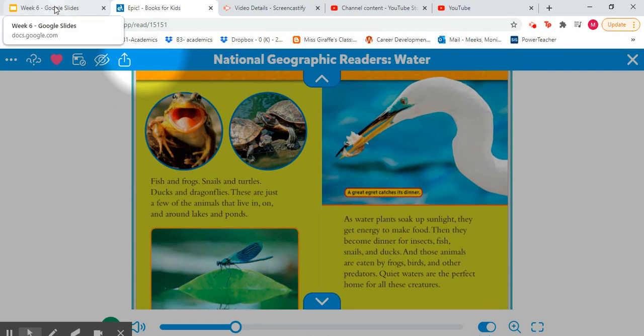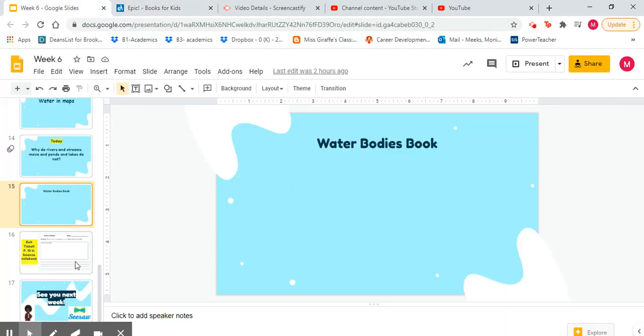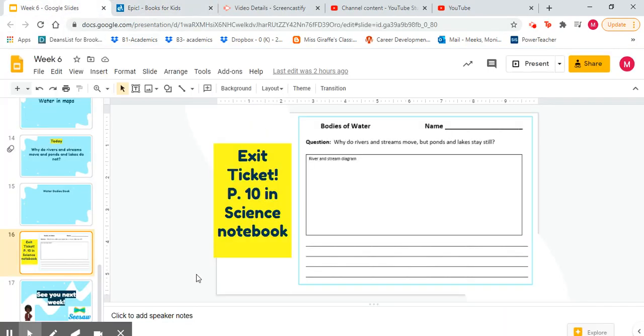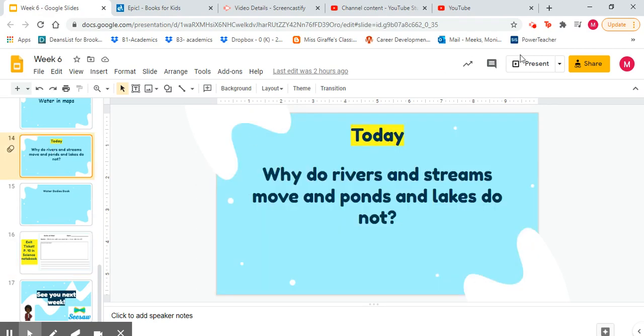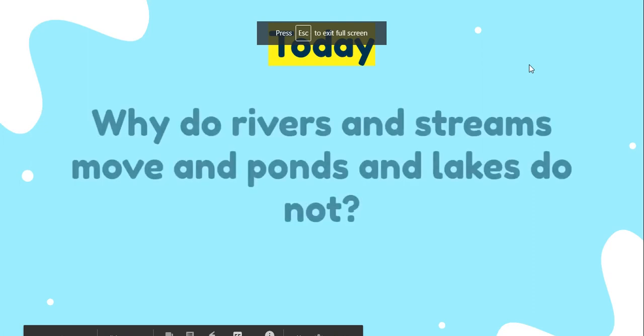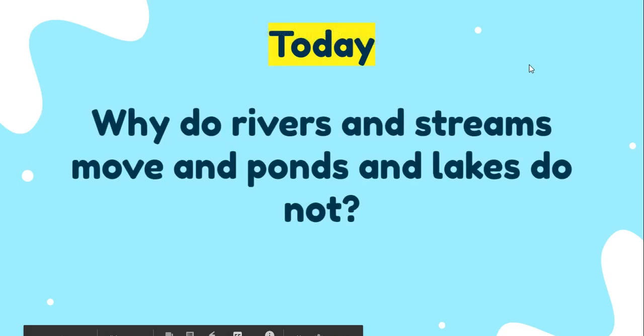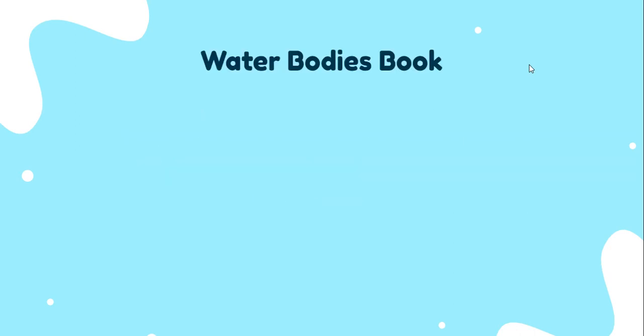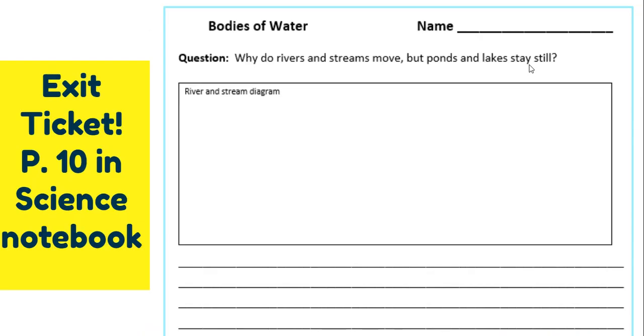Okay, team. So, back to our big question. Why do rivers and streams move and ponds and lakes do not? On Seesaw, you will see your exit ticket. Again, if you still have your science journal, you can find this on page 10.